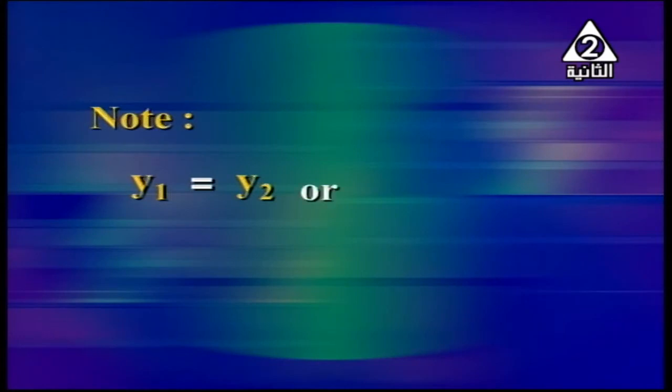Then you are going to notice that when the straight line and the x-axis are parallel, this leads us to y1 being equal to y2, or in other words, y1 minus y2 equals 0.